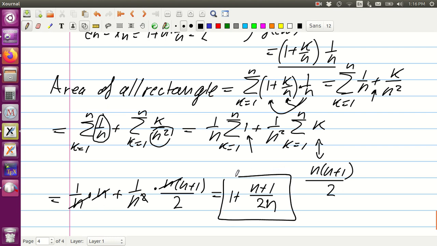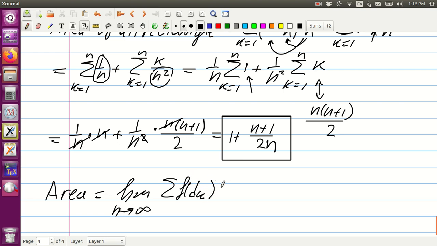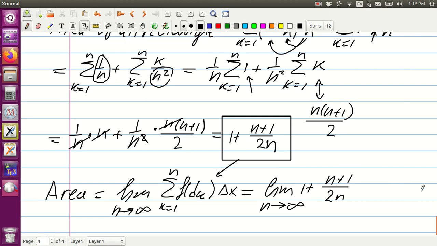And this is the area of all rectangles, which is an approximation. To get the area itself, we have to take the limit when n goes to infinity of the sum of f of d sub k times delta x when k changes from 1 through n. So it's a limit when n goes to infinity of 1 plus n plus 1 over 2n.